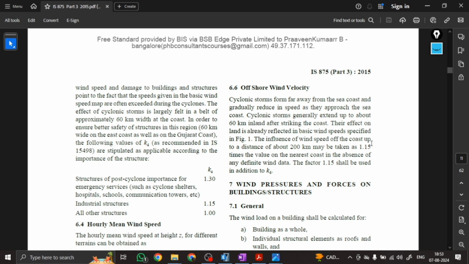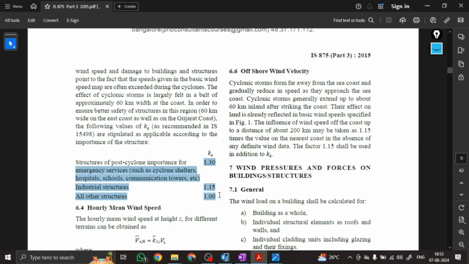The influence of wind speed of the coast up to a distance of about 200 km may be taken as 1.15 times the value on the nearest coast in the absence of any definite wind data. The factor 1.15 shall be used in addition to K4. If we are taking this K4 value, then in addition to this we have to take 1.15 factor if that structure falls under 200 kilometer range, if our definite wind data is not available in that case.